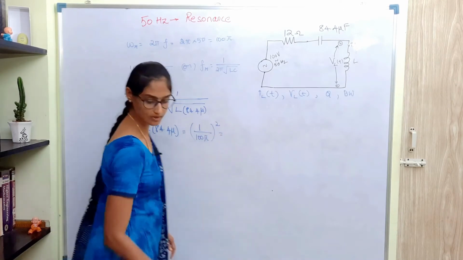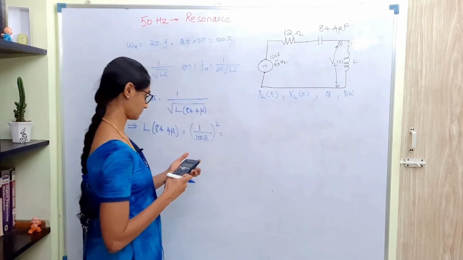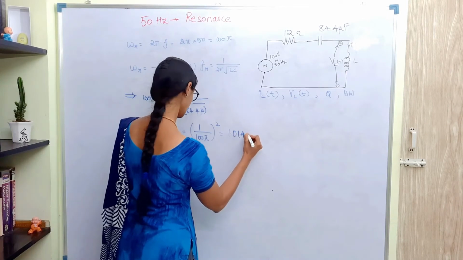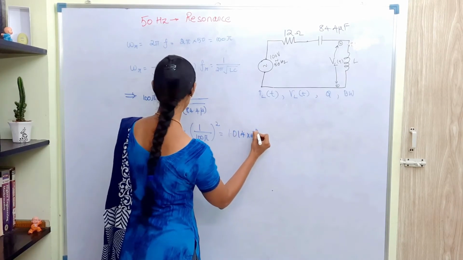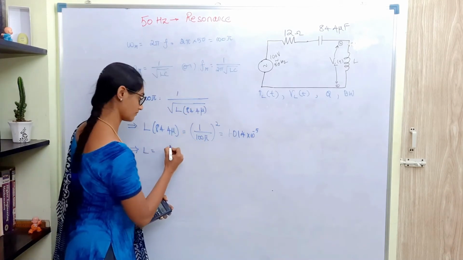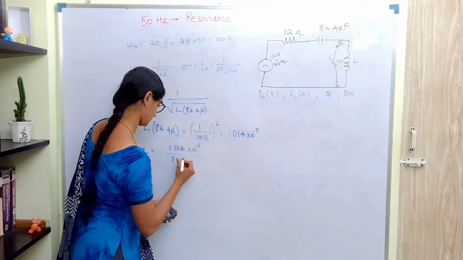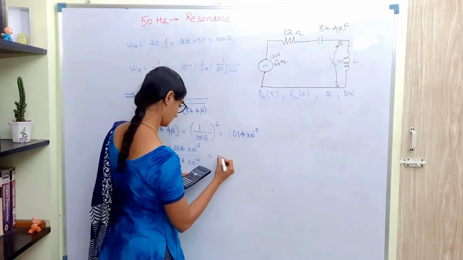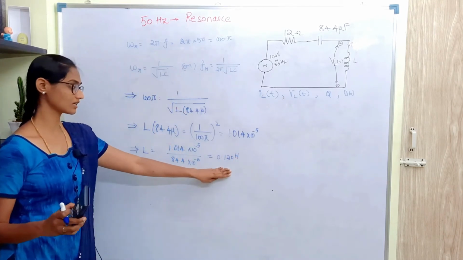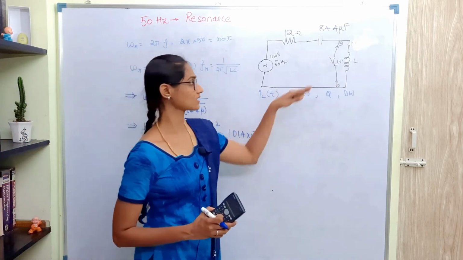The value of this will be 1.014 into 10 to the power minus 5. So what is the value of L? So this is the value of the inductor. When the inductor's value is 0.12 henry, resonance occurs.